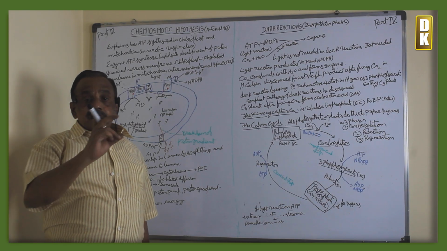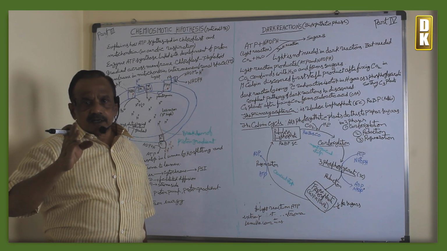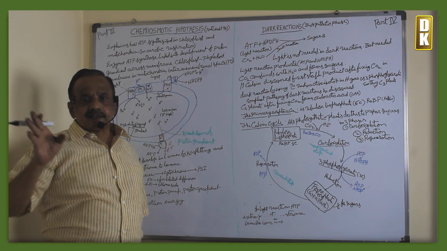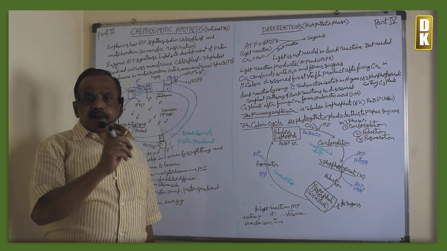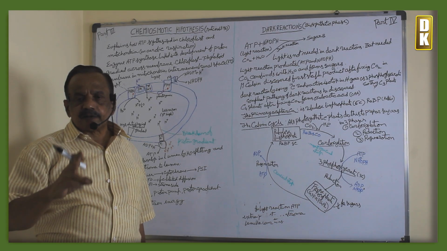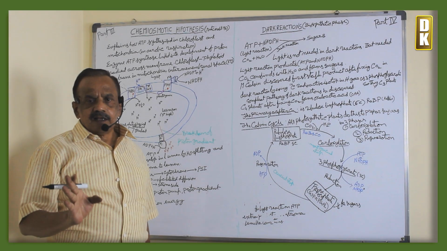In between these places the proton gradient will be developed, and the gradient will be released from higher to low through a proper mechanism, which will explain how the energy comes to prepare the ATP.